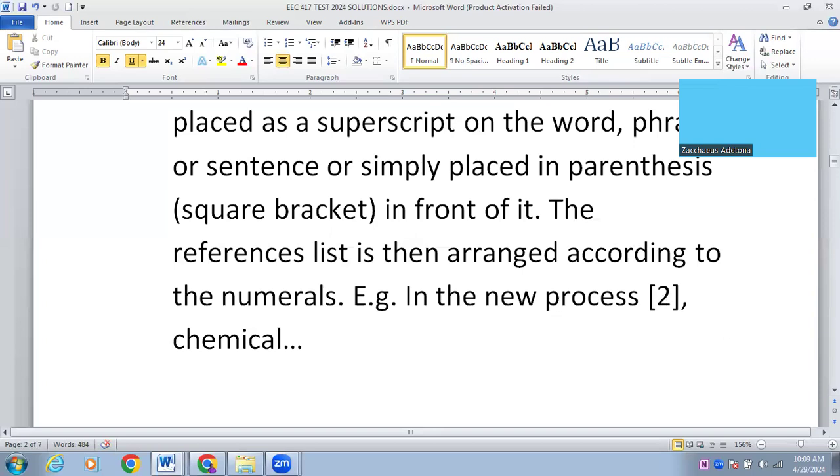Those are Latin terms used to represent citation, and they have meanings. Loc. cit. means the location cited, and op. cit. means the work as earlier cited. So that is it. But the references list is always arranged according to the numbers used in the citation. It is not in alphabetical order, like in the APA style.